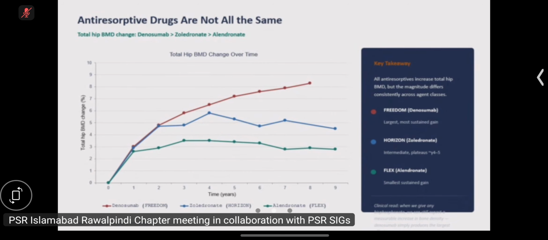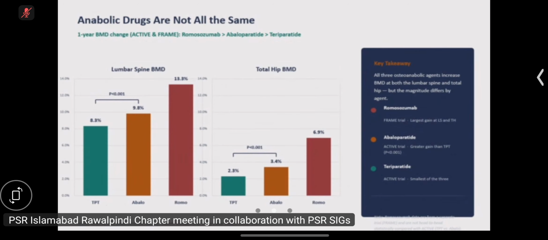So if somebody has a really low T-score, then alendronate would definitely not be a good choice. Similar is the case with anabolic drugs. We know that some drugs are more potent than others. Here we know that romosozumab is the most potent agent, followed by abaloparatide, followed by teriparatide.